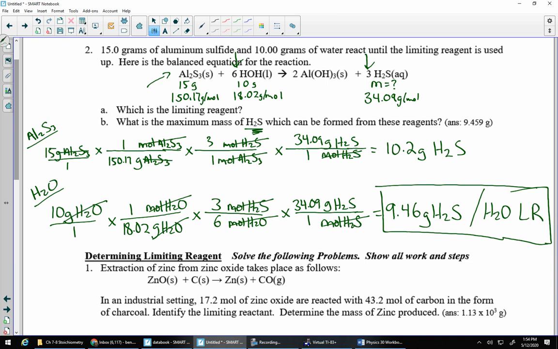Now this is a bit of a time-consuming thing, right? Figuring out the limiting reagent. Honestly, if you understand how we did the stoichiometry, so to figure out how much product is made from aluminum sulfide and how much product is made from water, and you understand that the one that makes less is your limiting reagent, and the lower value is the one that you're actually going to make, so in this case 9.46 grams, you're probably good to go, because the rest is honestly the same thing over and over again with stoichiometry.